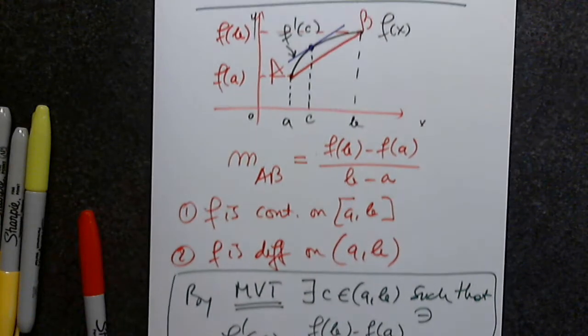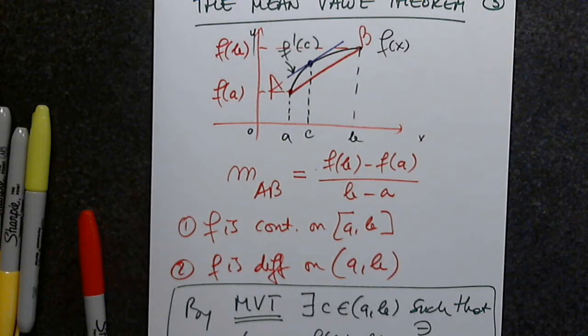Sure. So if we have a function that is continuous on a closed interval, a comma b, and differentiable on the open interval, a comma b, we don't care what happens at the endpoints.